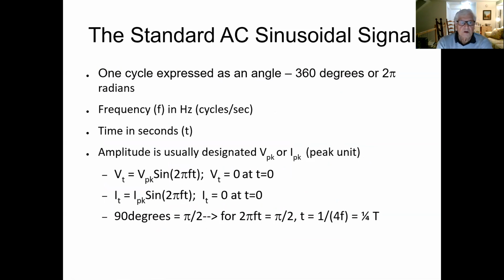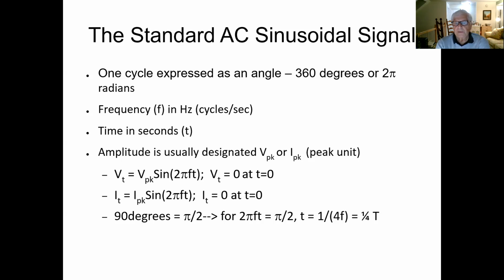So one cycle is expressed as an angle of 360 degrees, or in radians, it's 2 pi. We have frequency, which we express in hertz, and time in seconds is t.